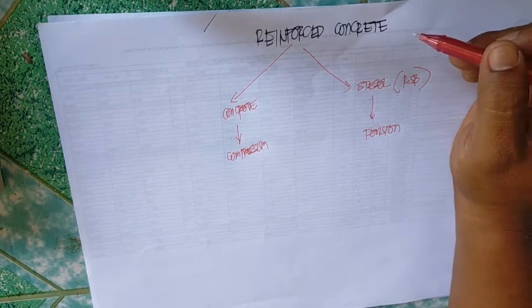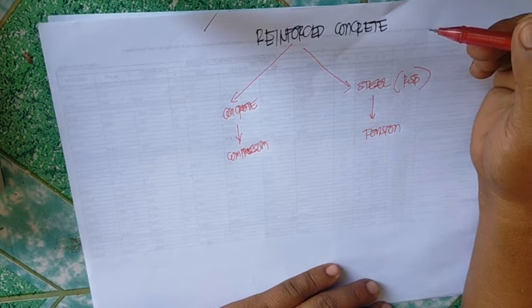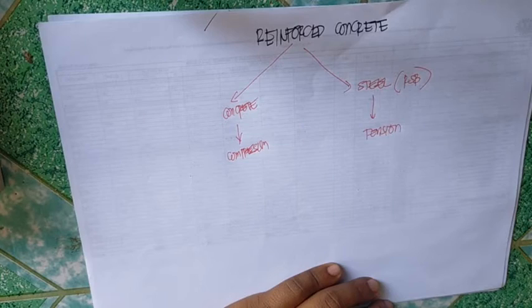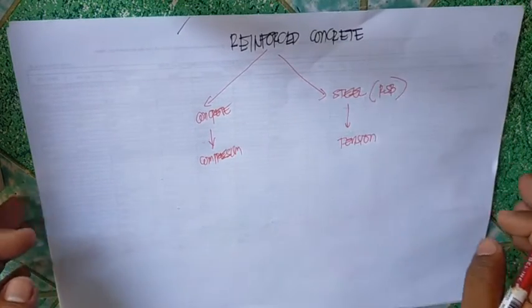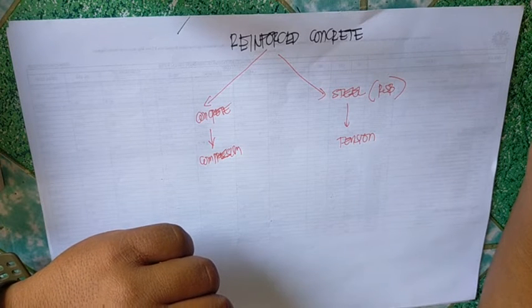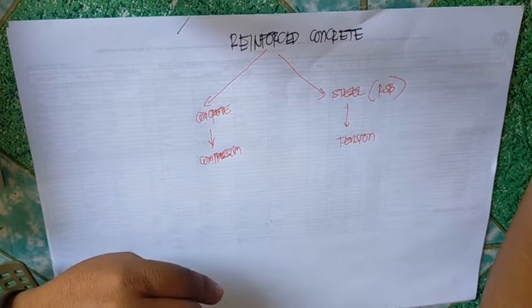Okay, so in reinforced concrete, we can determine the sizes, the number of bars, and the spacing of the bars.